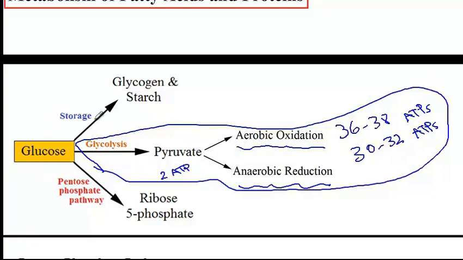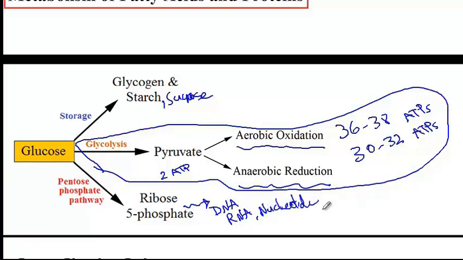Now, next we would like to discuss the role of glucose as a precursor for supplying different metabolic intermediates for biosynthetic pathways. So we will discuss how glucose can be in the storage form like glycogen, starch, or sucrose, or it can be used in other pathways like the pentose phosphate pathway for production of ribose 5-phosphate, which is required for DNA, RNA, and nucleotide synthesis.